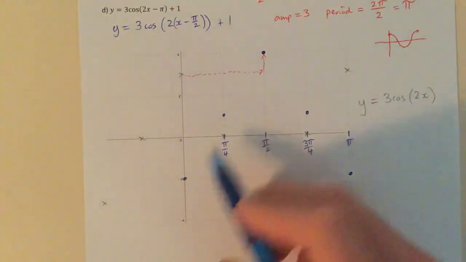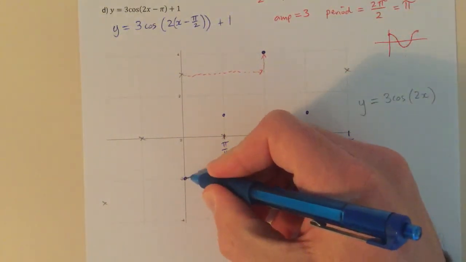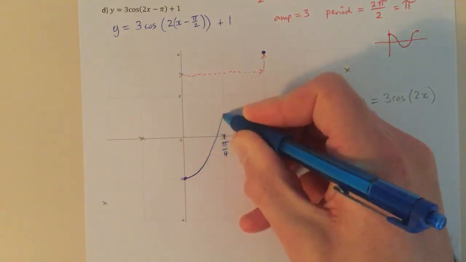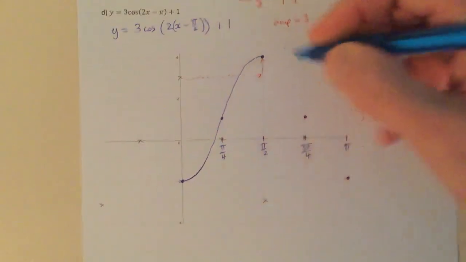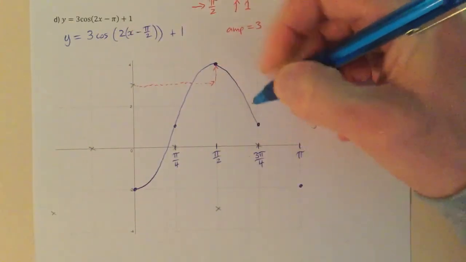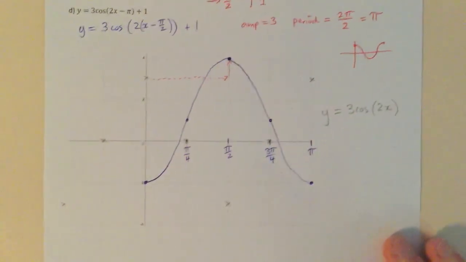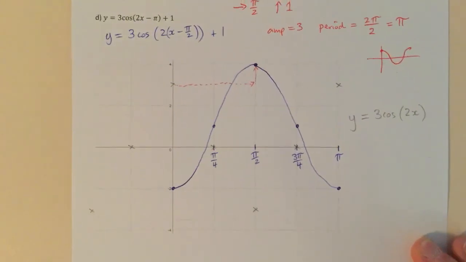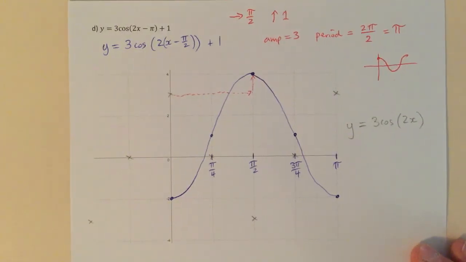All right, and now with these blue points that I've marked, we do have enough information to sketch our cycle. Right? And that would be our graph of y equals 3 cos of 2x minus pi plus 1, sketch for 1 cycle.